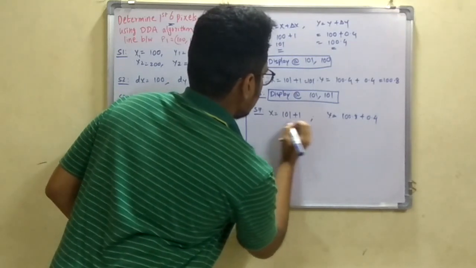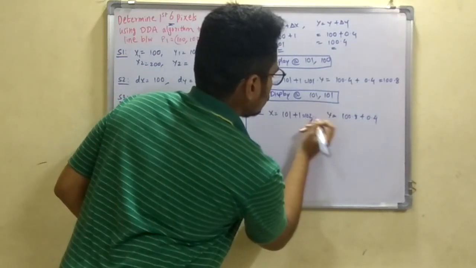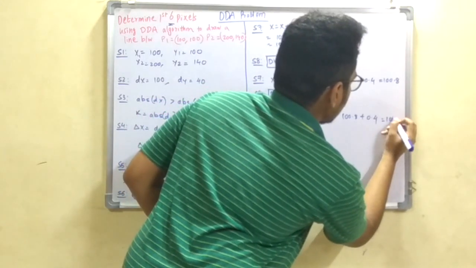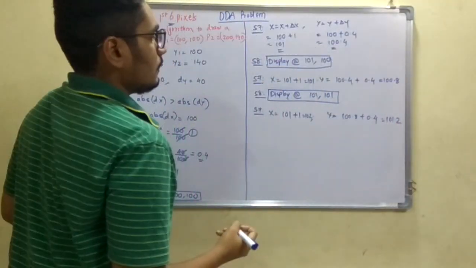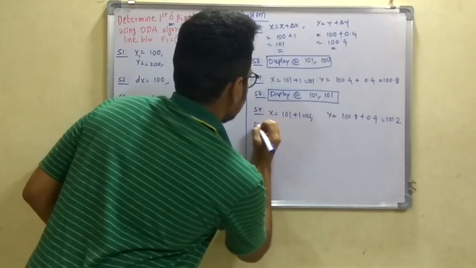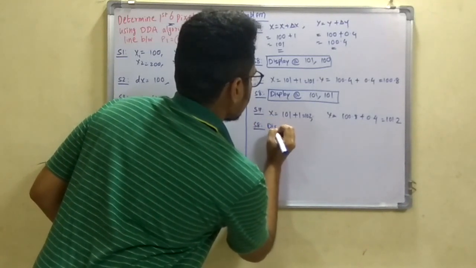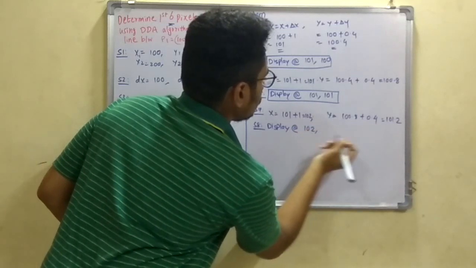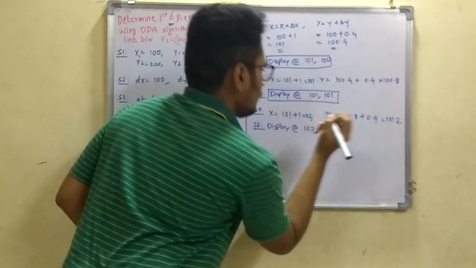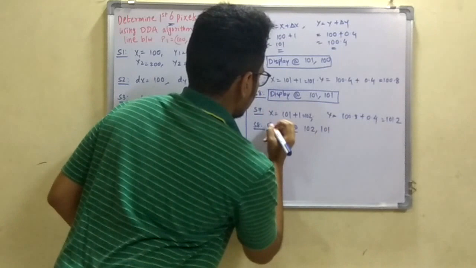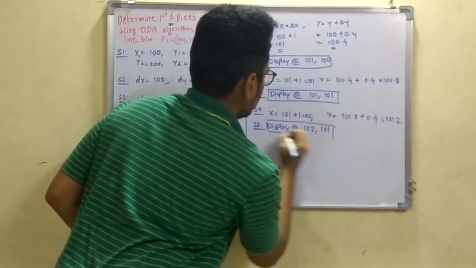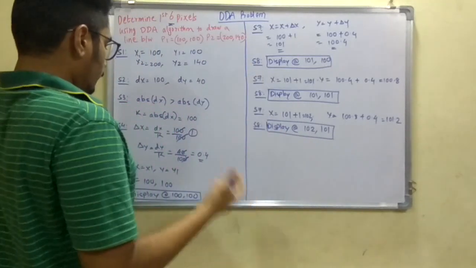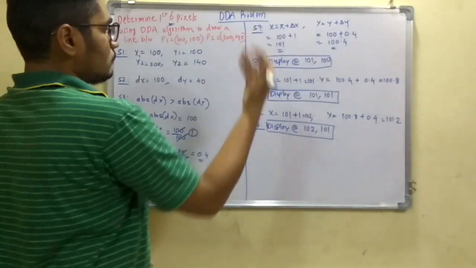So this will be how much? 102, and this will be 101.2, and so we will display the pixel at 102, and this will round it off to 101 only, not to 102, since it is less than 5. And so far we have got 1, 2, 3 and 4.